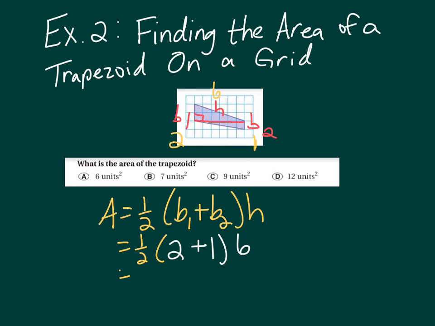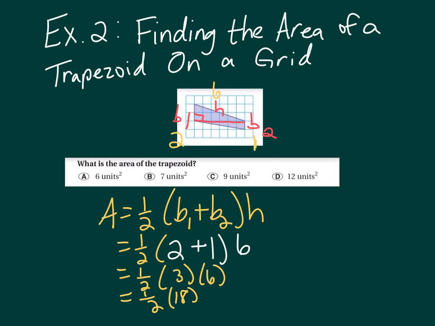And then when we go through and do the actual evaluating part, 2 plus 1 is 3 times 6. And again, we've said before, you can take half of either of these, or you could do multiplication of 3 times 6, which is 18, and then take half.